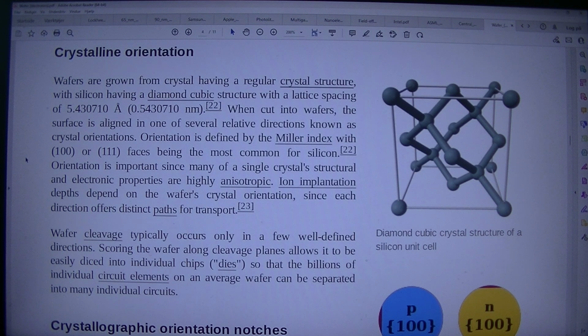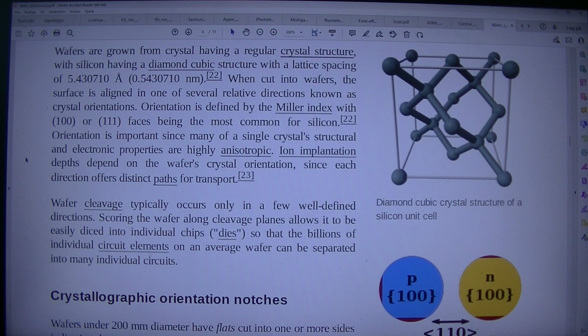Wafer cleavage typically occurs only in a few well-defined directions. Scoring the wafer along cleavage planes allows it to be easily diced into individual chips, dies, so that the billions of individual circuit elements on an average wafer can be separated into many individual circuits.